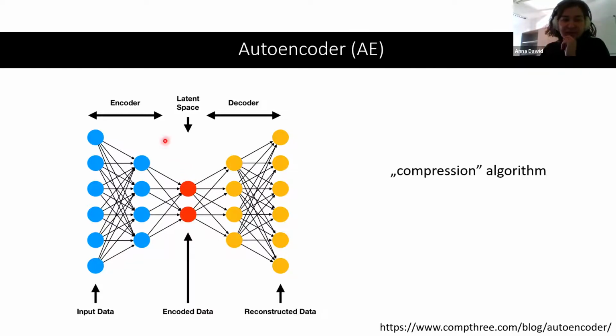The whole idea of this architecture is that it's supposed to reproduce your input data at the output. It would be pretty trivial if not for this bottleneck inside, because it really forces your model to compress the whole data in some maximally meaningful way to then be able to decode everything at the output.